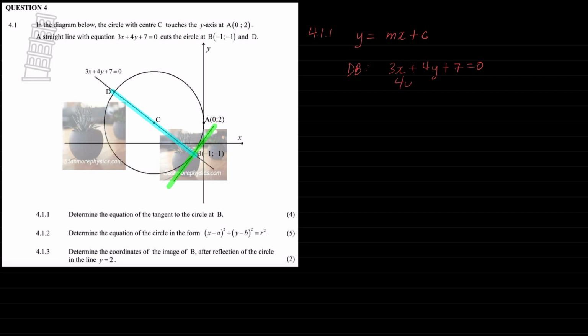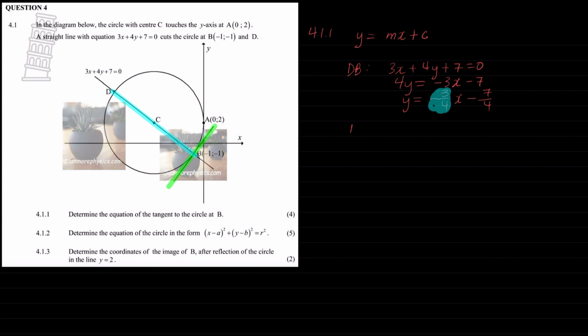So 4y is equal to minus 3x minus 7. Now again, we just need to divide everything by 4. So y is equal to minus 3 over 4x minus 7 over 4. So the gradient of this line DB is minus 3 over 4.